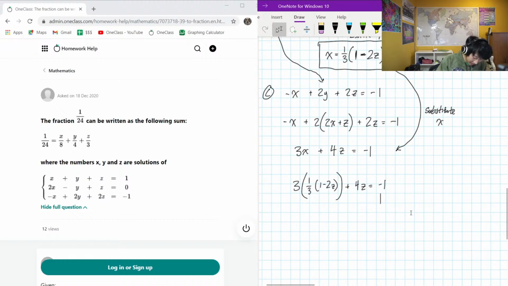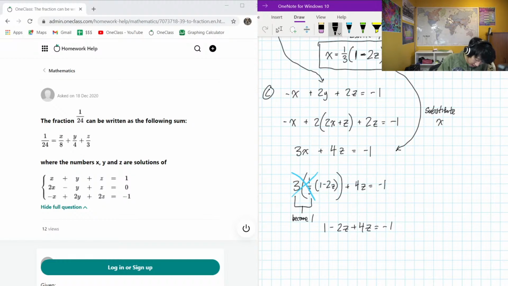Please accept me. Okay, so you can see the 3 on the outside and the 1/3 here. They neutralize, so they become 1. So all that we are left with is 1 minus 2z plus 4z is equal to negative 1.